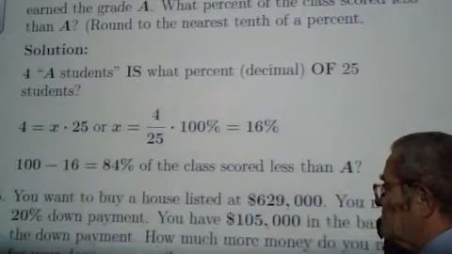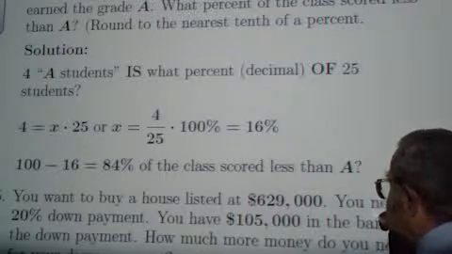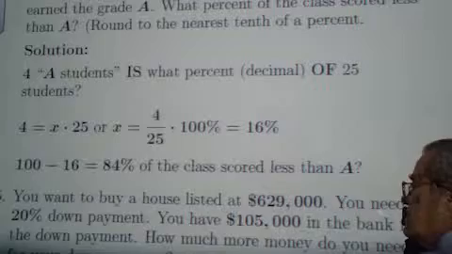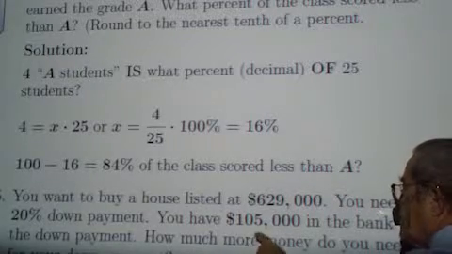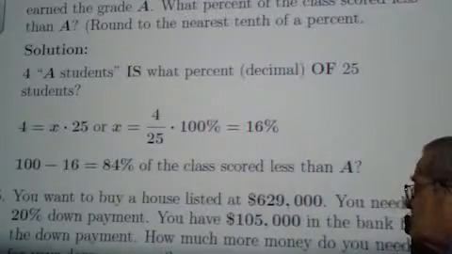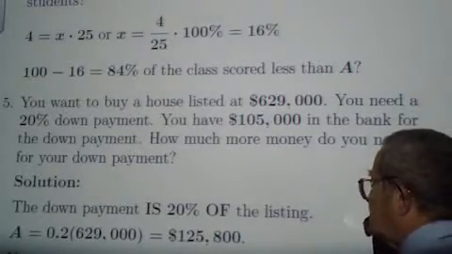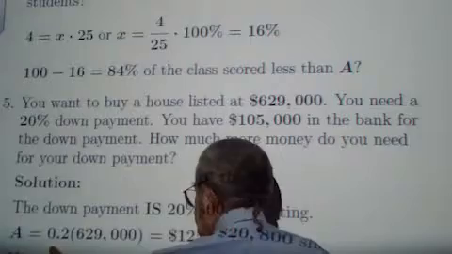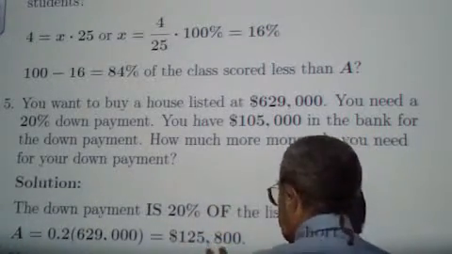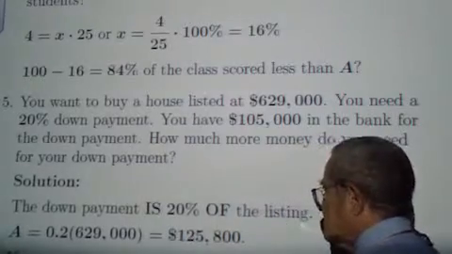And then you want to buy a house. Your house is $629,000. You need 20% down. You have $105,000 in the bank. How much more money do you need? Well, what is the down payment? 20% of $629,000, which looks like $125,800.